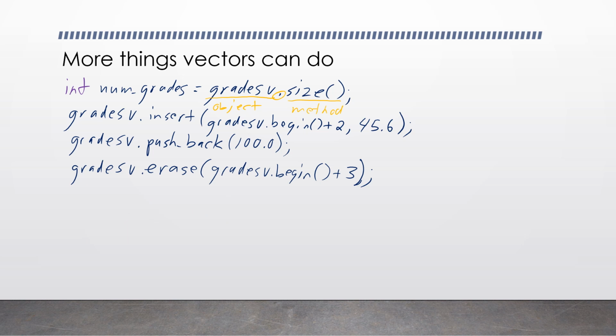So I can say double my_average equals average of grades_v, and I don't have to tell it how many grades I have because the average function can call grades_v dot size and get that number for itself. So those are some of the cool things you can do with vectors.